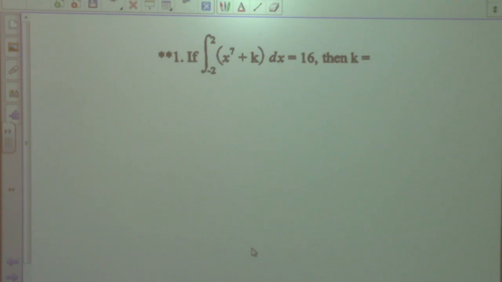Any ideas on this one? What is the integral of this? What is this equal to right here?